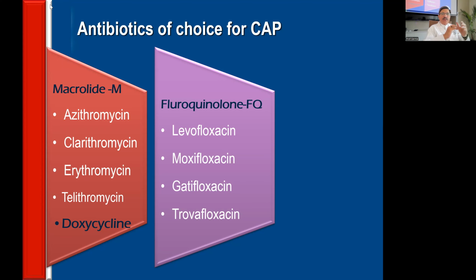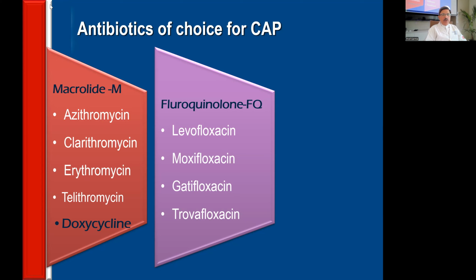Ofloxacin cannot be used. They are not respiratory fluoroquinolones. They are for GI, urinary tract, and other areas, and then eye and ear infections. So these four are the respiratory fluoroquinolones: levofloxacin, moxifloxacin, gatifloxacin, trovafloxacin. Trovafloxacin we don't use very much in our country. Gati, moxi, levo, we use.